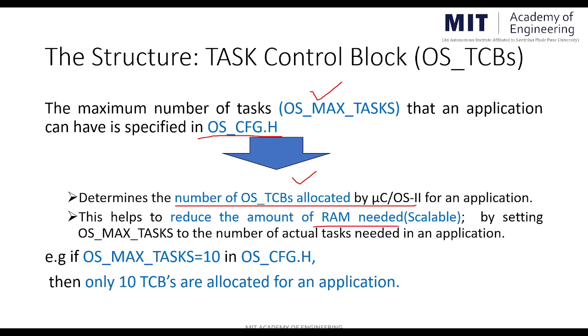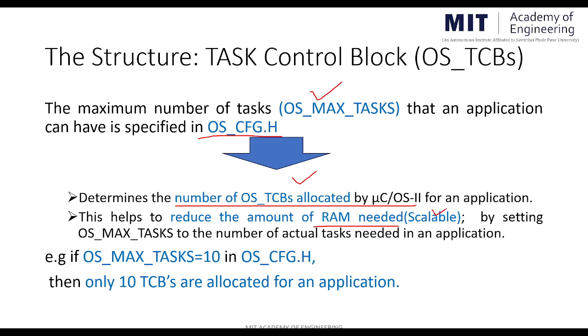That proves that MuCOS2 is a scalable operating system where the OS TCB tables are created according to the number of tasks, by setting OS maximum tasks to the number of actual tasks needed in the application.